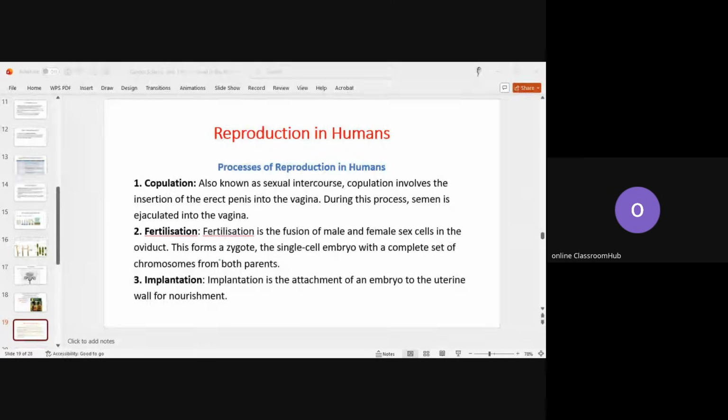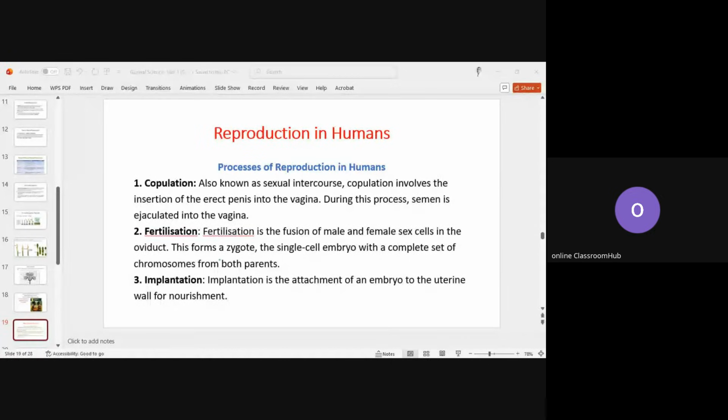So when the 23 adds to the 23, we get 46 chromosomes, and that forms a complete human. If the chromosomes are more than 46 or less than 46, then that person will not be normal.